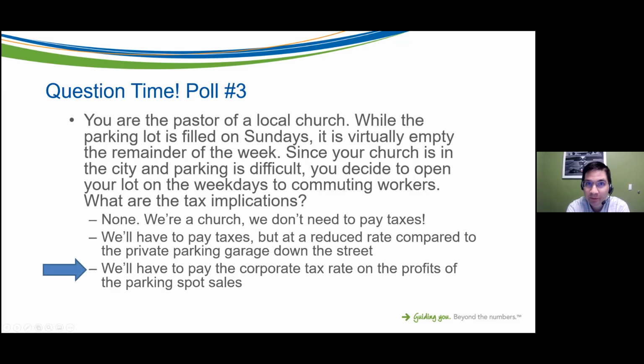So the corporate rate is higher than what you may anticipate for personal income taxes. The unrelated business income tax is meant to discourage nonprofits from competing with for-profit companies for the same business. Nonprofit companies are advantaged with their nonprofit taxes.